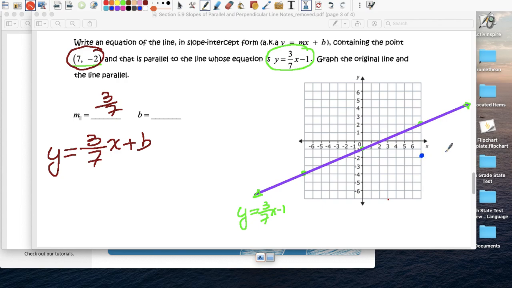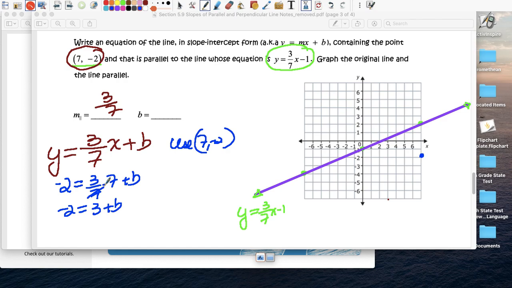So I'm going to use (7, -2). Let's find b. Substitute. -2 equals 3/7 times 7 plus b. -2 equals 3 plus b, right? Subtract 3 from each side. b equals -5. So I found the other point. The new line has a y-intercept of -5.